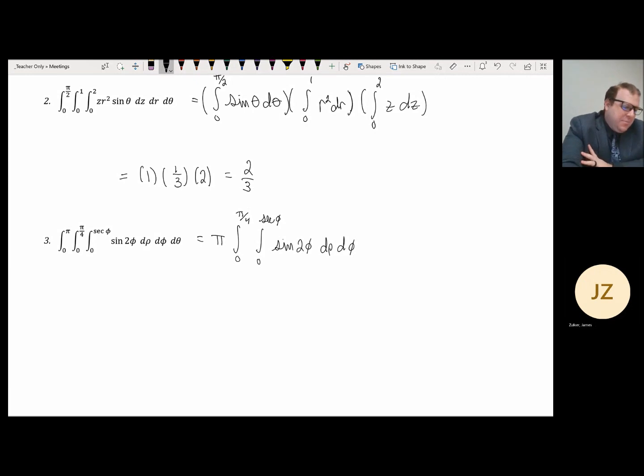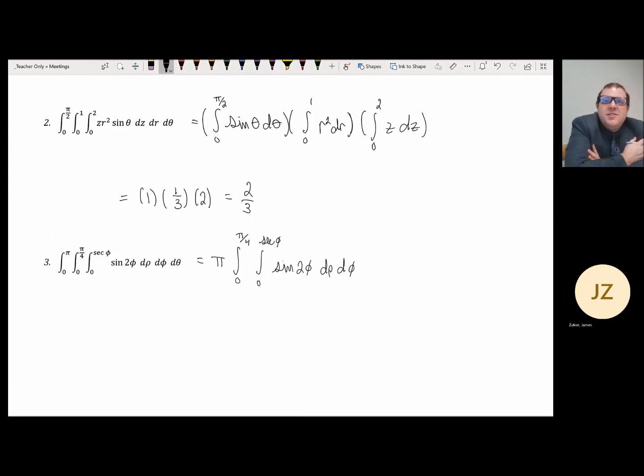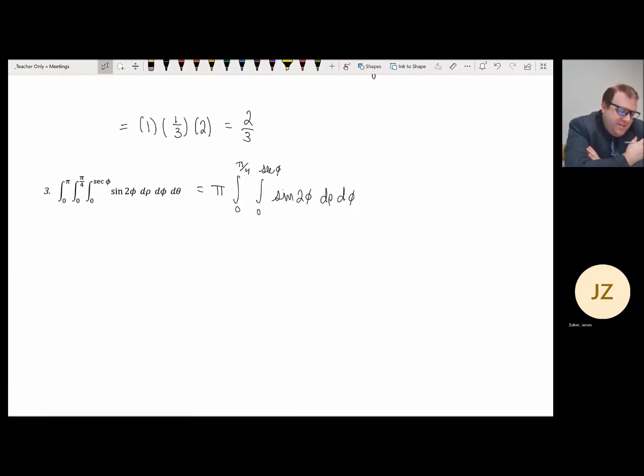This comes from being able to write it as a product. So it'd be the integral from 0 to pi of d theta times the remaining double integral. Well, that integral is just pi, so there's your pi. Oh, look, there's no rho in the integrand either. That makes that integral easy.